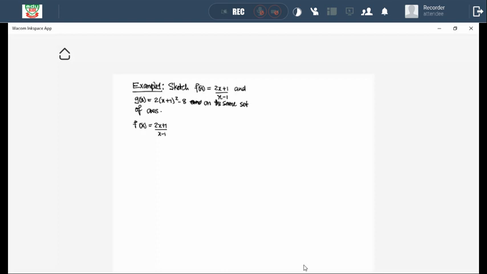The first important thing that I'm going to do is to present it in its standard form. This is y equal to 2x plus 1 all over x minus 1. The denominator part is not a problem.